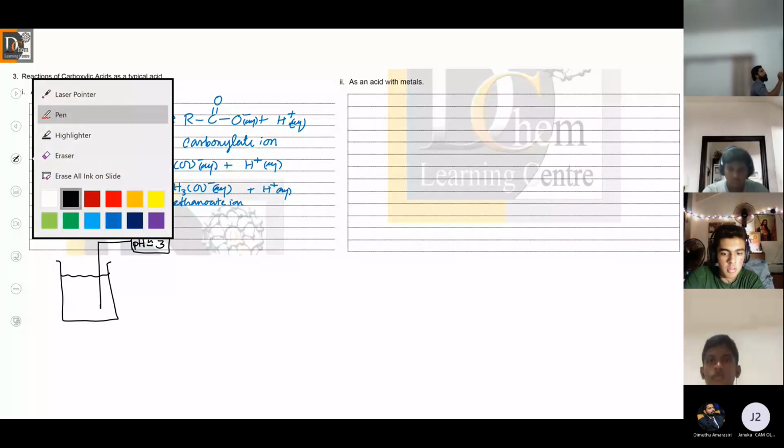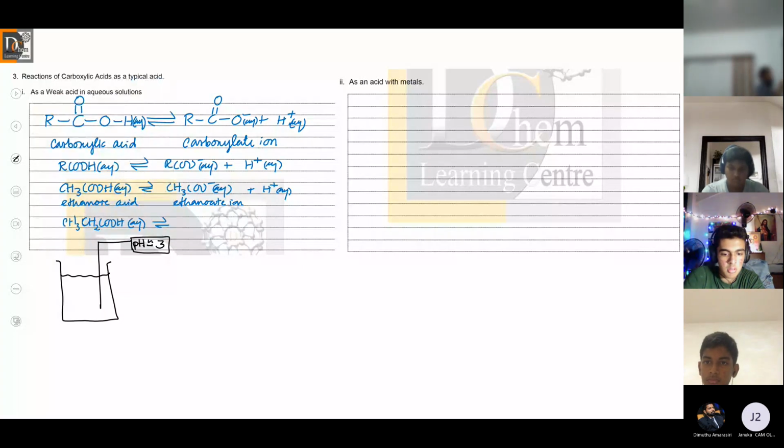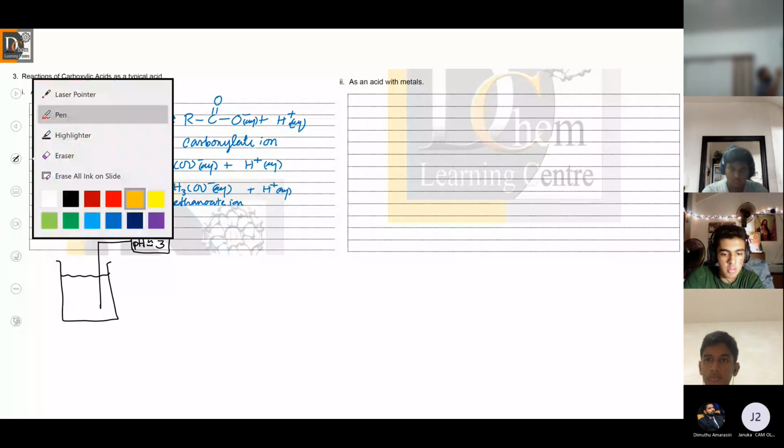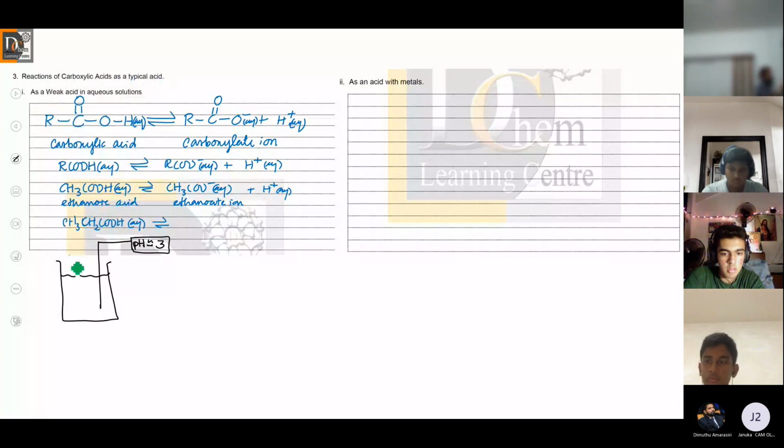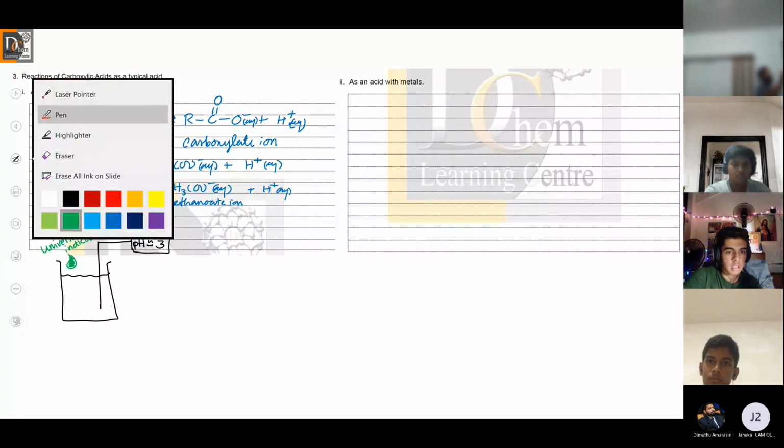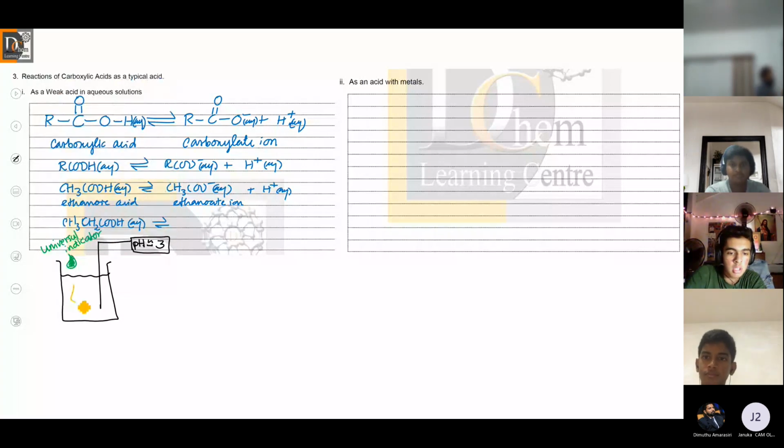Now suppose you put a few drops of universal indicator. Universal indicator is a little bit of dark green in color. Once it goes into the solution, it gives you what color?